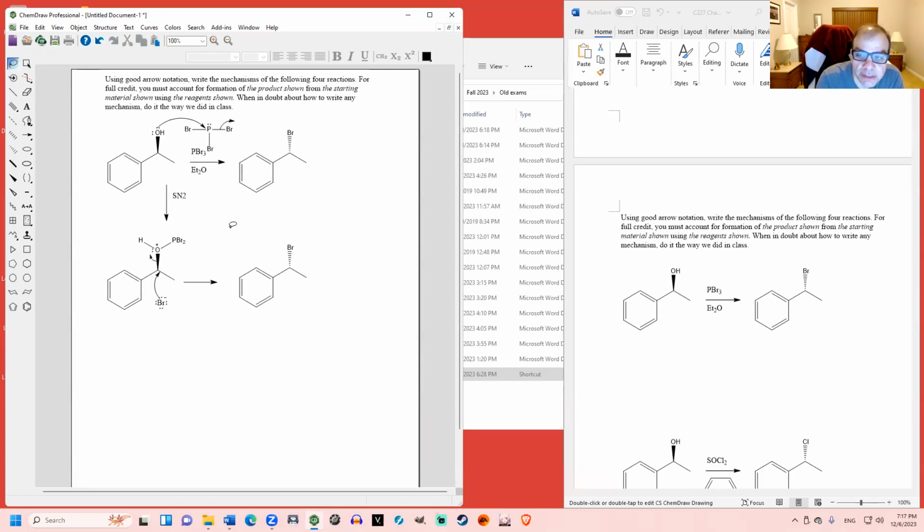It's inorganic. So the major organic product is this alkyl bromide. And this is also an SN2 reaction.